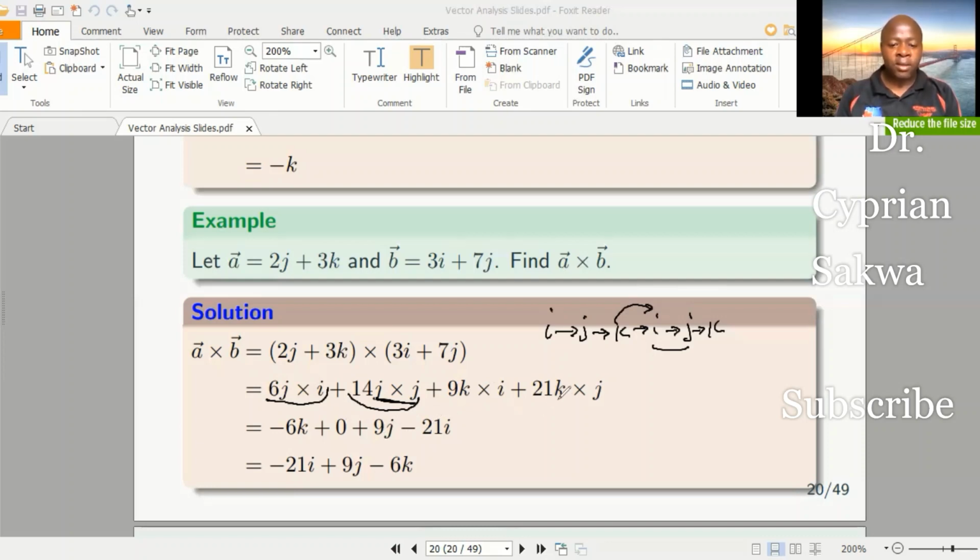Then this other one is K cross J. This is in the opposite direction, so the answer is negative I. That is why I have 21 times negative I, giving me negative 21I. So when you simplify this, what you get is negative 21I plus 9J minus 6K as the answer.